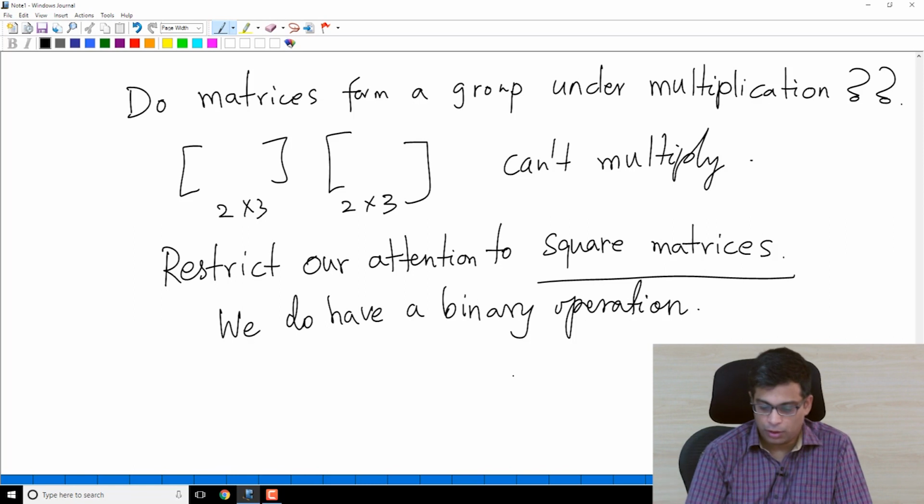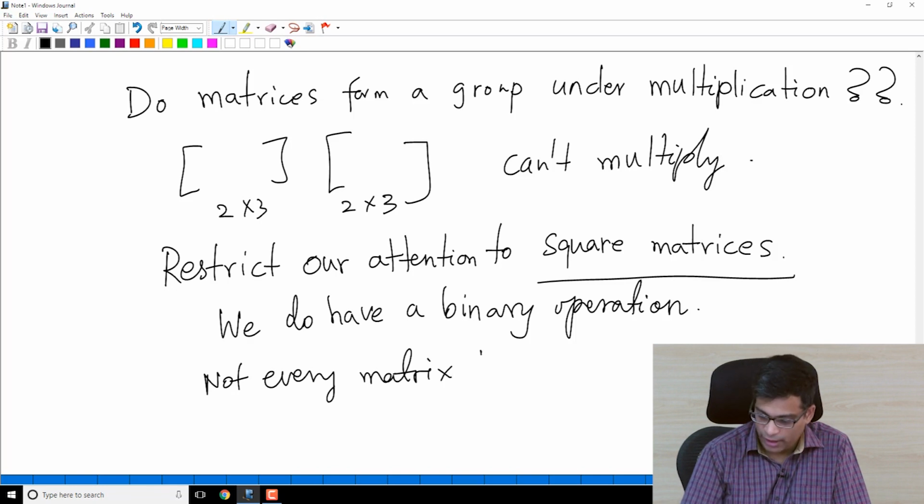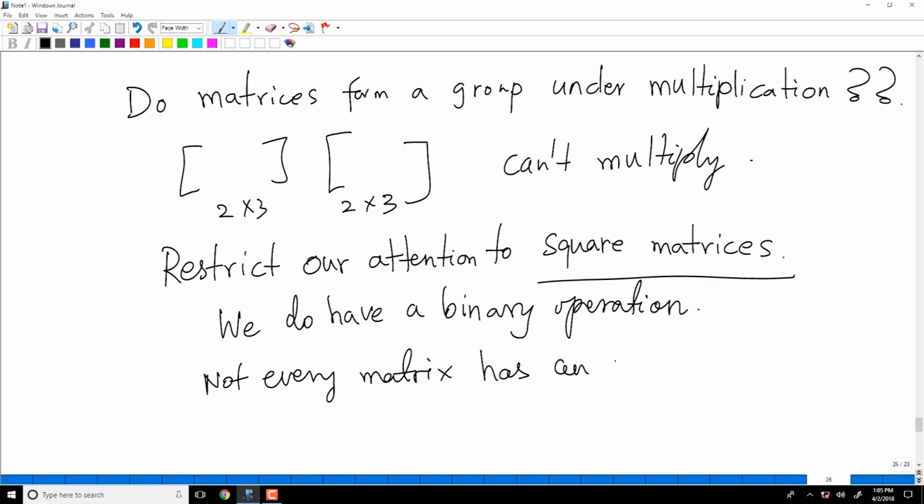However, this is not a group because not every matrix has an inverse. If you have studied matrix theory earlier, you will see that there are many matrices which do not admit inverses under multiplication. In order to do that, the matrix has to be what we call an invertible matrix.